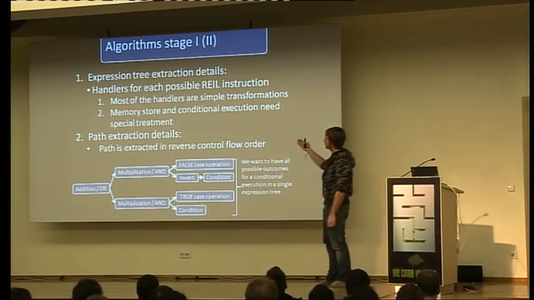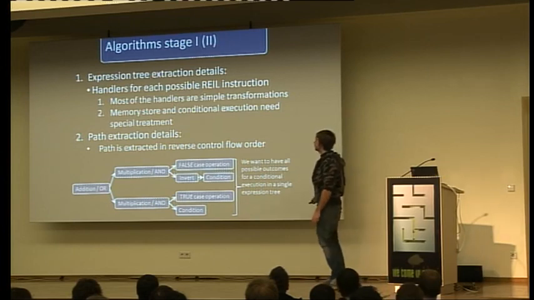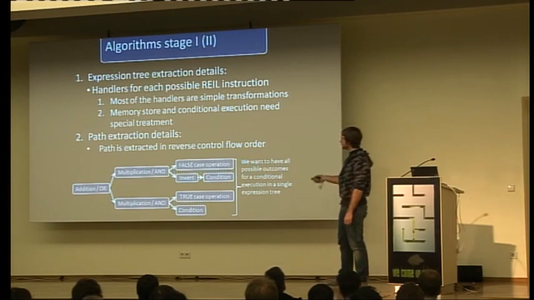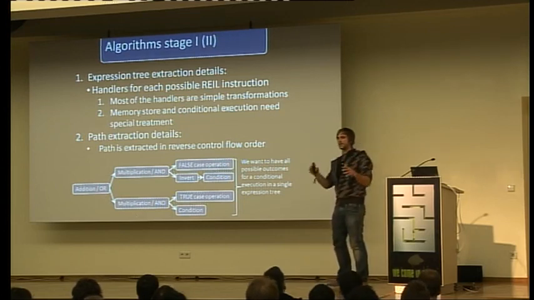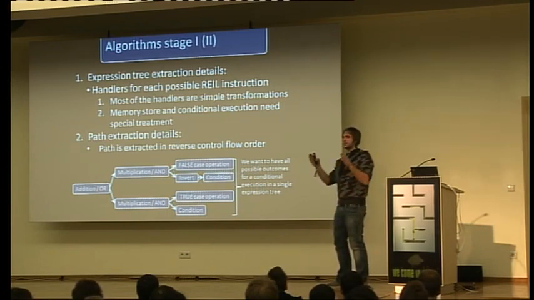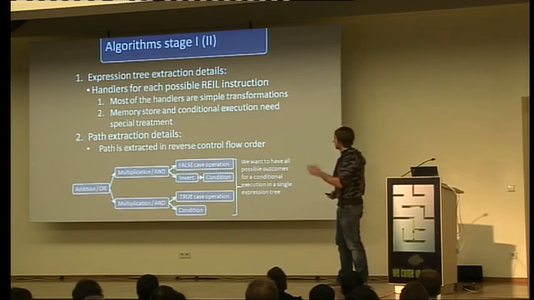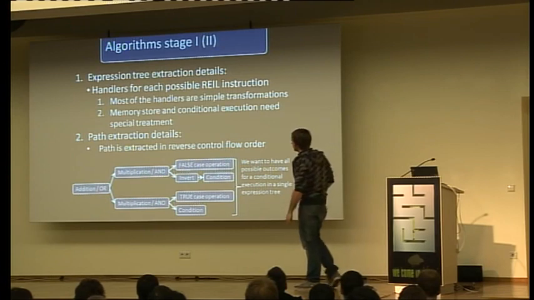Therefore you have to take special care if there's conditional execution. We do this by encoding both sides of a conditional execution in one single tree, so that we do not have to split the instruction.